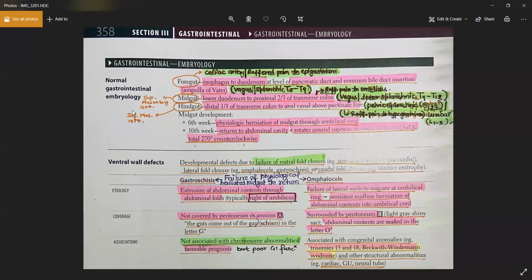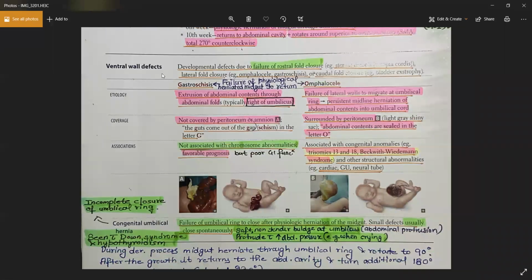Okay, so now comes the ventral wall defect. That means the anterior defects in the abdomen. All of these defects are mainly because of the failure of lateral fold closure.